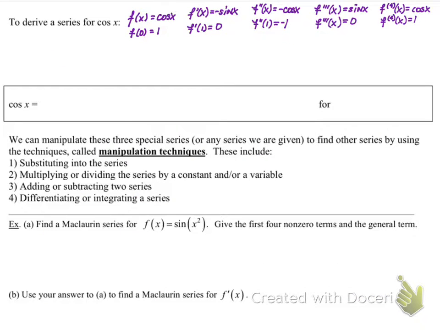Here you see that the sign vacillates, the value of the derivative or the original function vacillates between 1 and -1. You also see here that you're going to be looking specifically at the even powers.